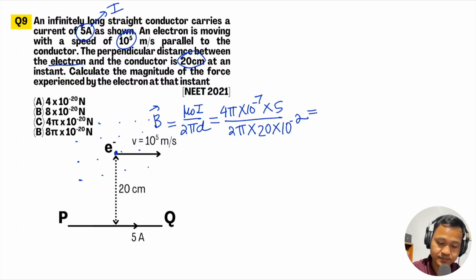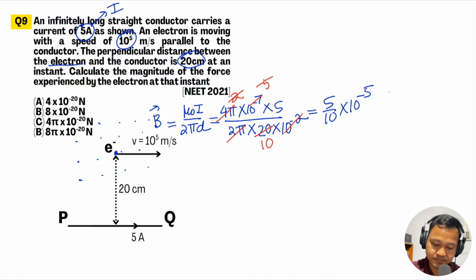Solve this: 2 fours are 4... so the magnetic field is 5 into 10 power minus 6 Tesla.